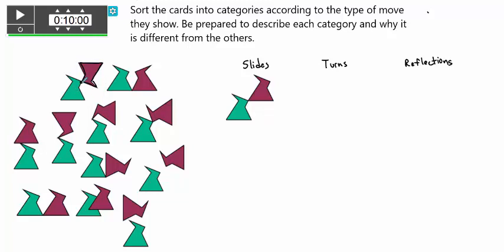So it's turning around that center of rotation. That center of rotation is the center point that does not move. So that is a turn. So this one, we got a mirror image with a line of reflection right here. So that's a reflection.